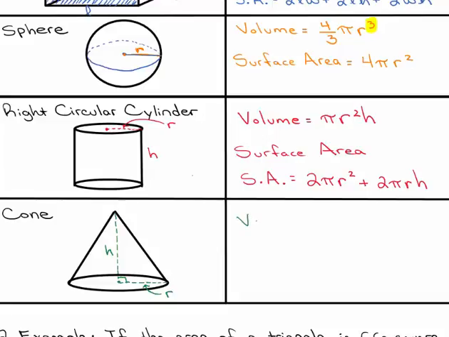We're only going to write down the formula for volume of a cone: 1/3 times pi times r squared times h. Okay? Pretty good. We did pretty good here.